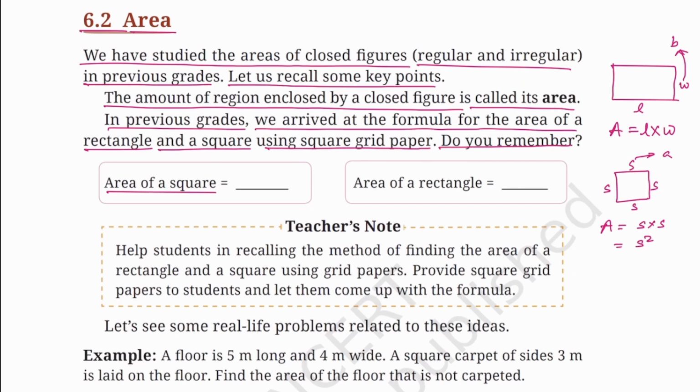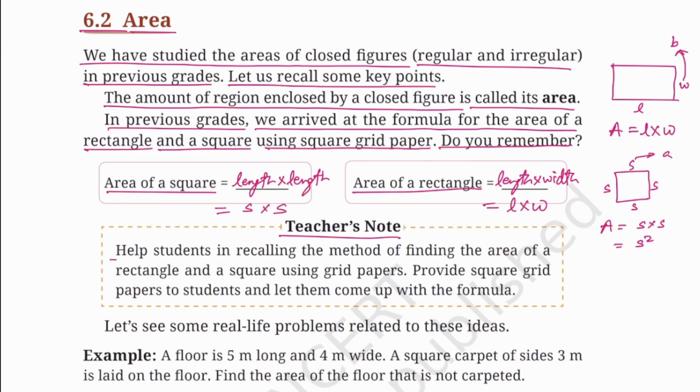So area of a square is equal to length into length. Area of a rectangle is length into width. L into W or L into L, sometimes said as S into S. S for square units.